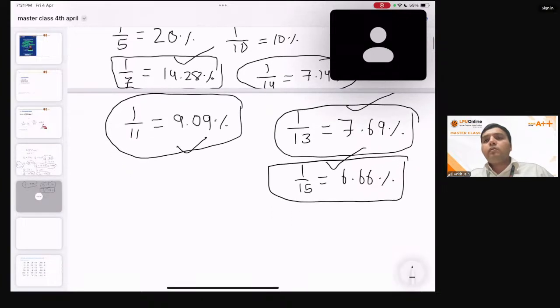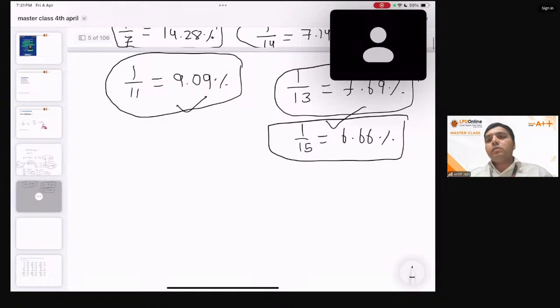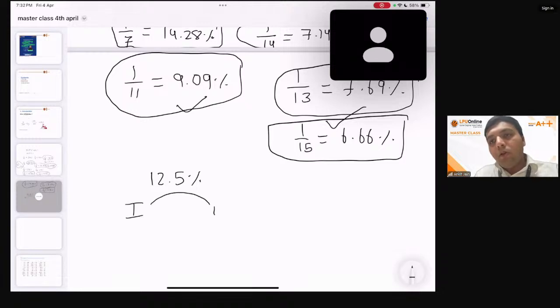Now the question is where we can use these and what is the application. For example, suppose you have money and your money increased by 12.5%.